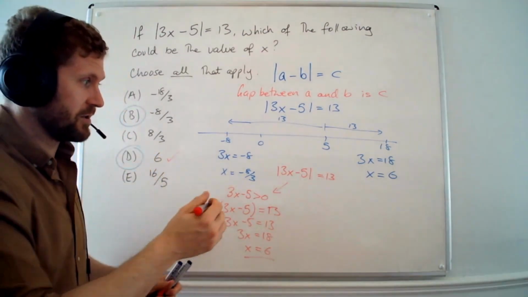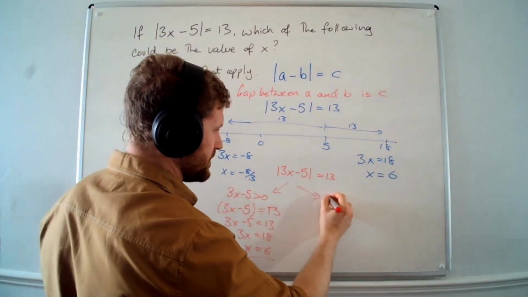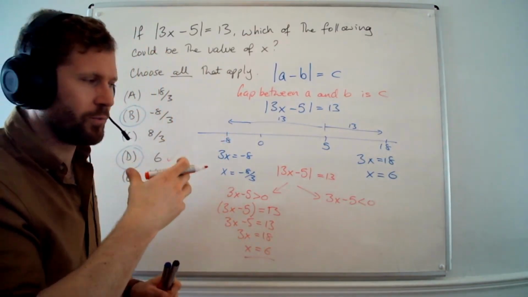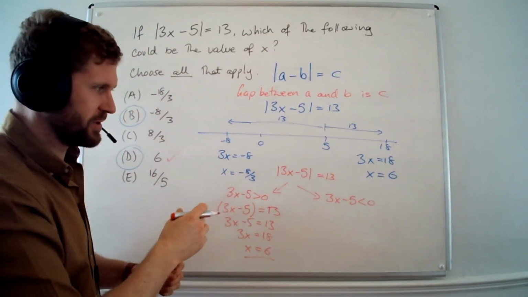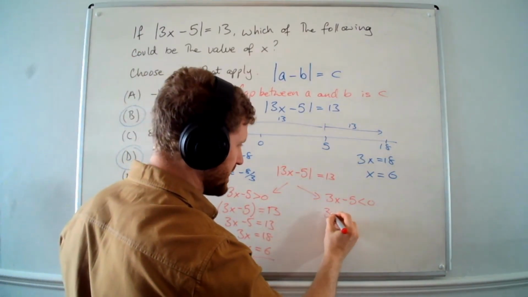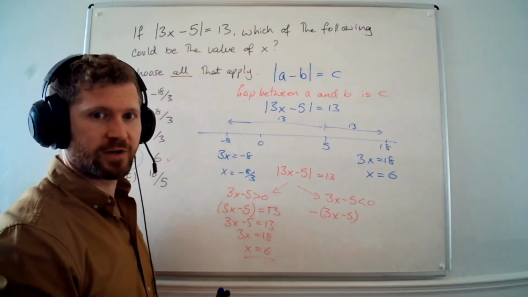The other side of this that we need to consider is what happens when 3x minus 5 is less than 0. When that happens, the way you can deal with this algebraically is to keep what's inside the absolute value sign within parentheses, but stick a negative sign on the front.